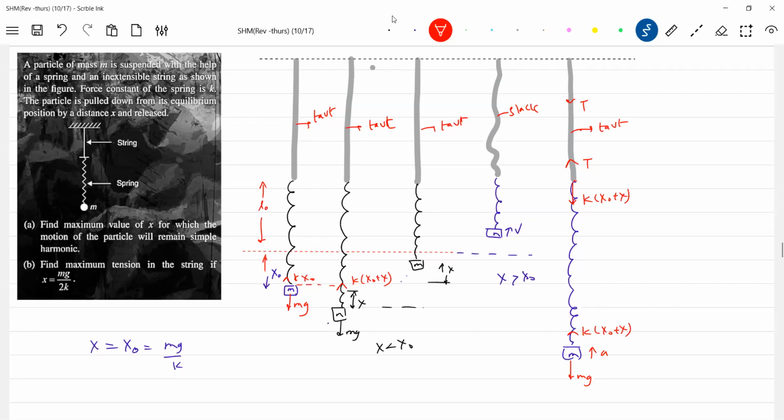So now we'll calculate that one. T equals kx naught plus x minus mg. kx naught equals mg, we know, and kx is equal to mg by 2.